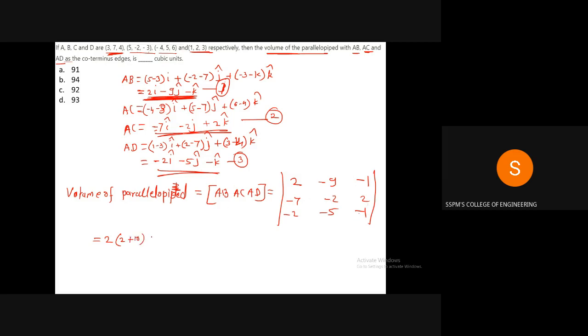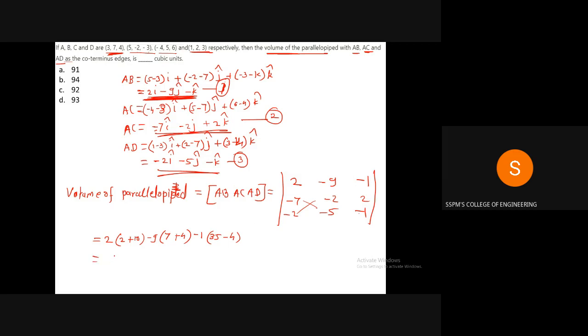So 2 plus 10, minus minus 9, that is plus 9, into 7 minus 7 into minus 1 it is 7, minus 2 into minus 2 it is minus 4, that is plus 4. 7 plus 4, plus minus 1, that is minus 1 into these two terms, that is minus 7 into minus 5 is 35, minus 4. So minus 2 into minus 2 it is 4, so minus 4.